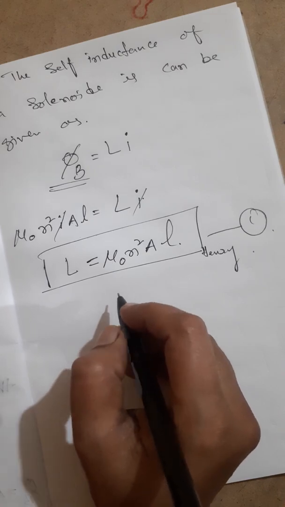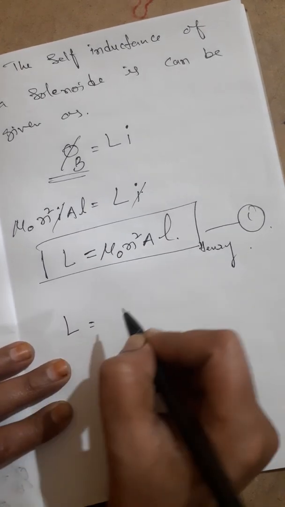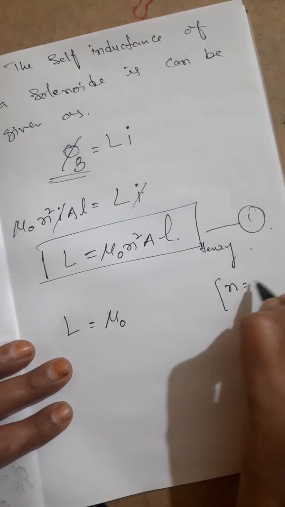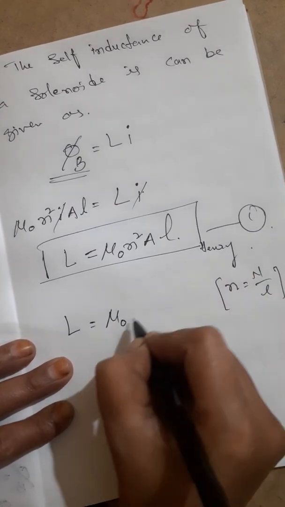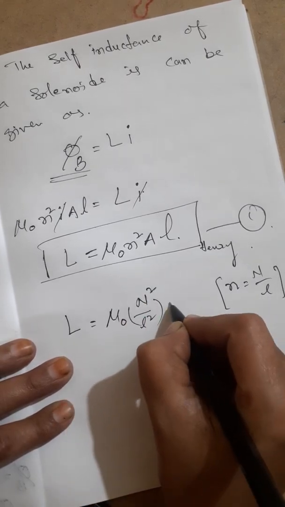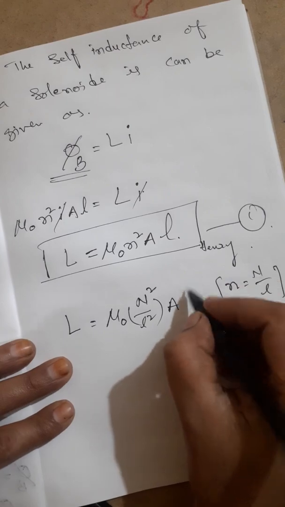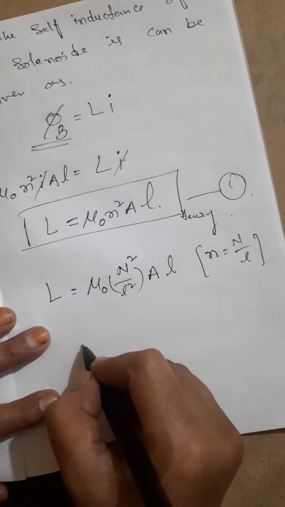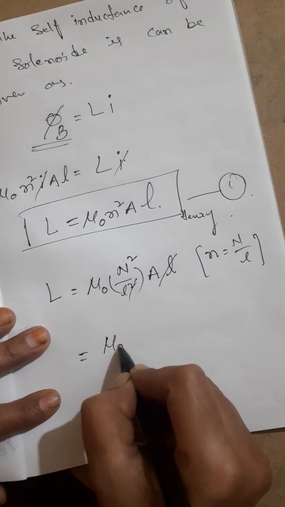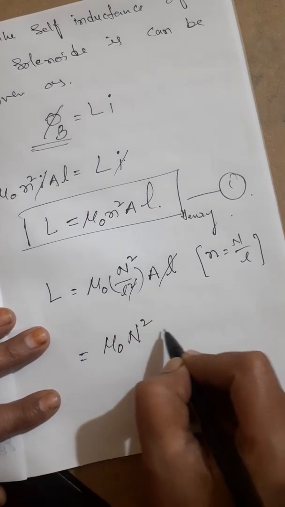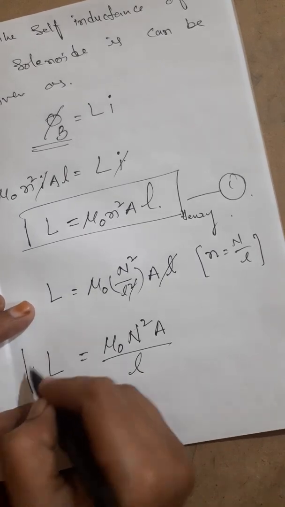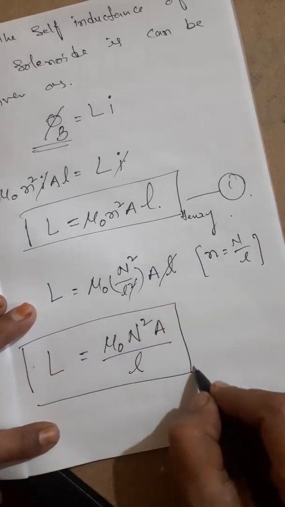This is the expression, and also we can write this one, mu naught, we know that n is equal to N by L, so N square by L square into A L, and L gets cancelled, giving mu naught N square A by L Henry.